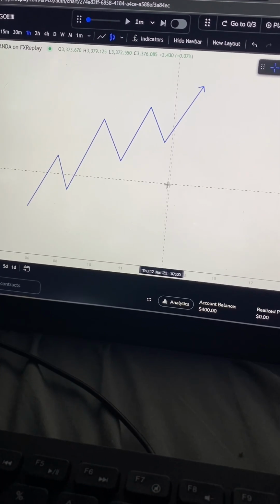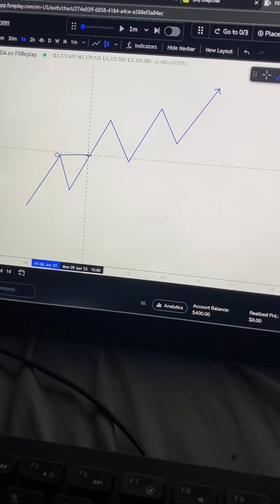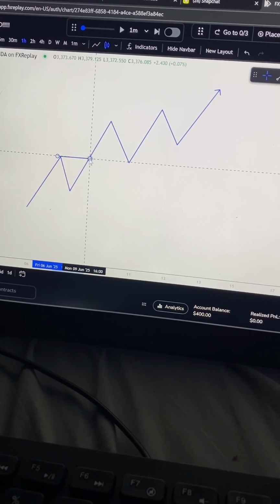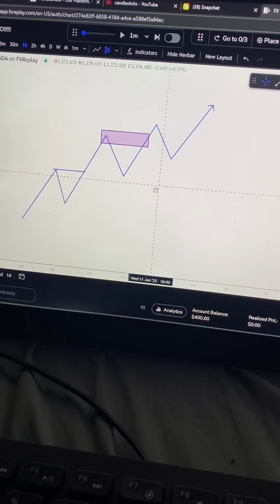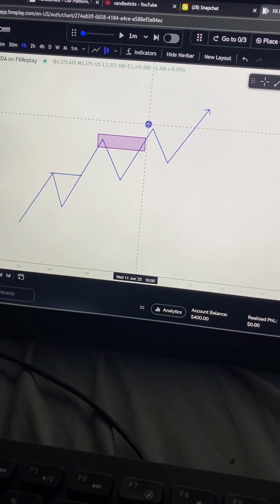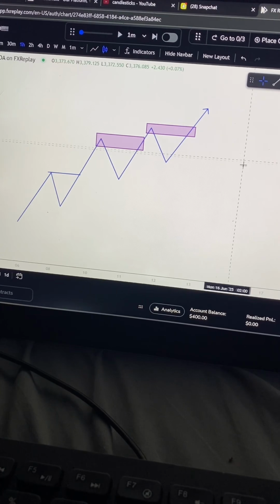Well, I'll let you guess. Okay, the answer is this is an uptrend. The reason it's an uptrend is because it keeps breaking past the previous higher highs. It broke past this higher high, broke past this higher high, then here it also broke past this higher high. So this is automatically an uptrend.